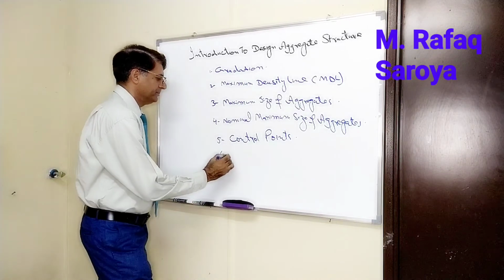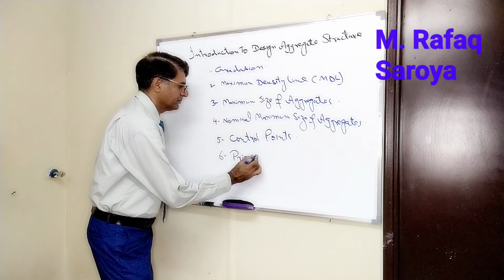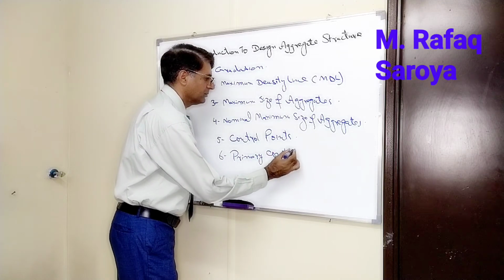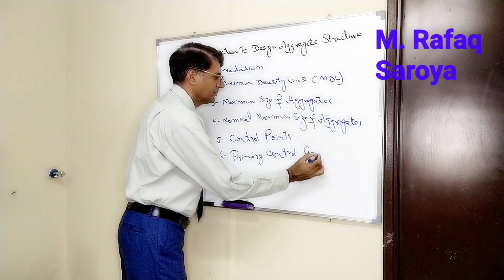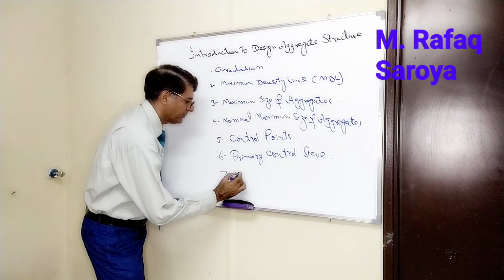Sixth, primary control sieve. Seventh one, restricted zone.